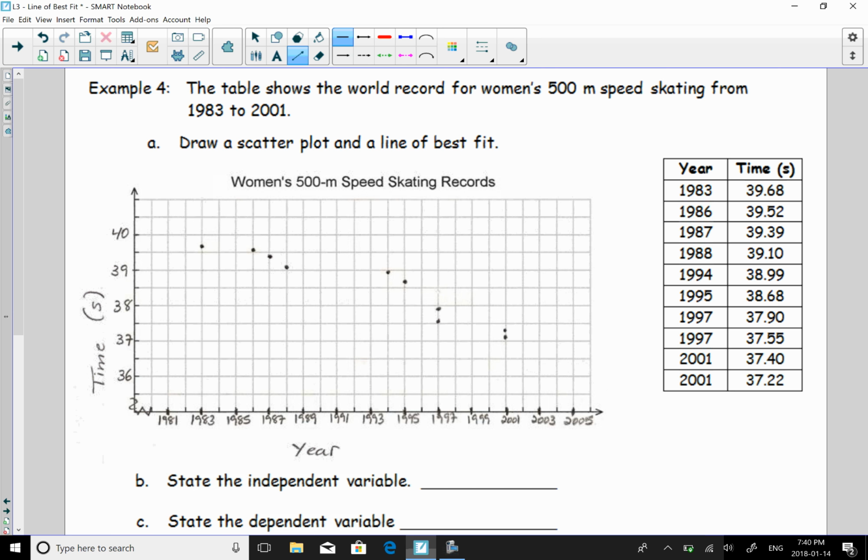So let's draw a line of best fit. Draw the line. I can move it accordingly. So put your ruler and try to move it. It has gone through quite a few points.